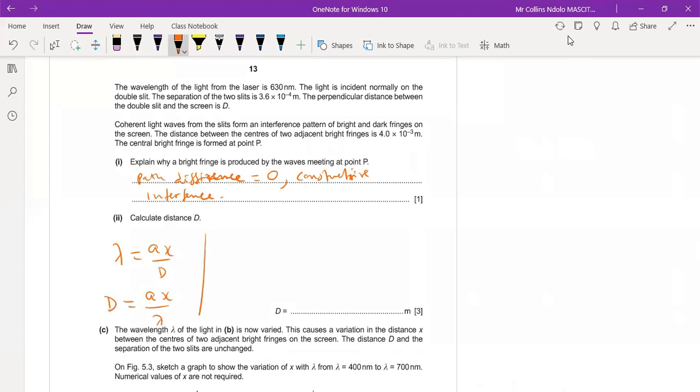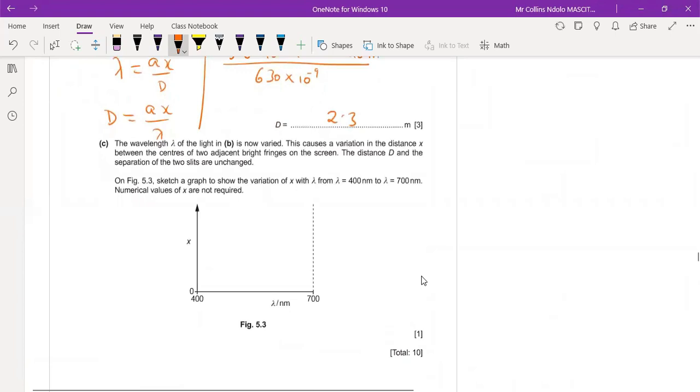So this will give us 3.6 times 10 power minus 4 meters, multiplied by x, which is 4.0 times 10 power minus 3 meters, divided by the wavelength, which is 630 nanometer, that is times 10 power minus 9. So therefore, with calculating, D will be given by 2.3 meters, to two significant figures.